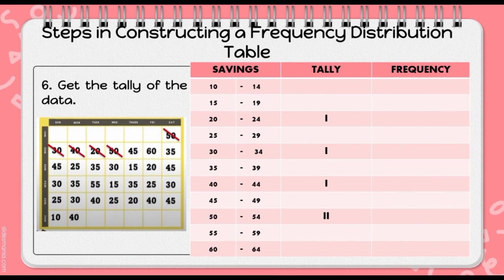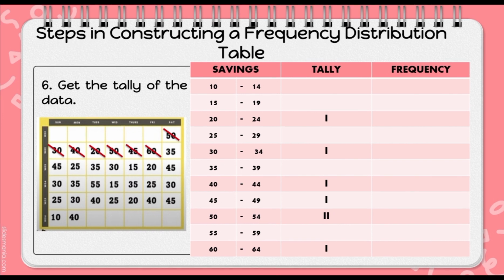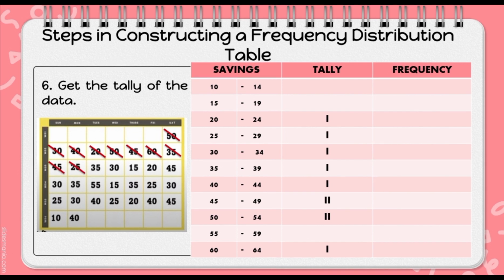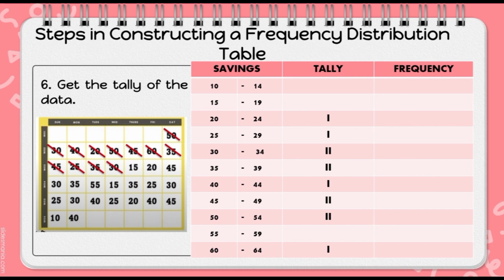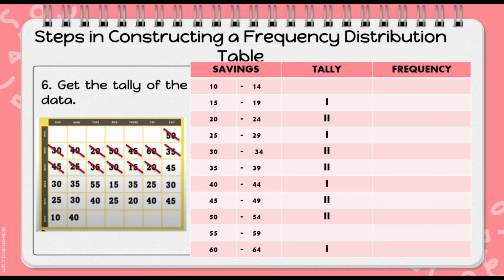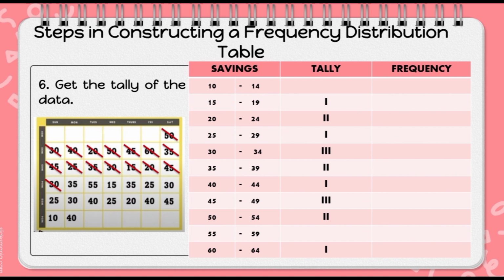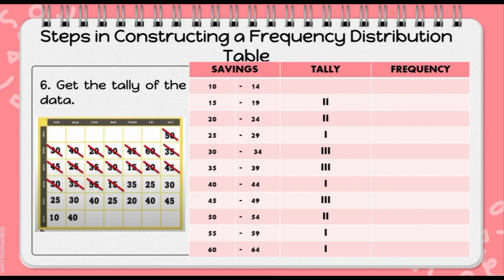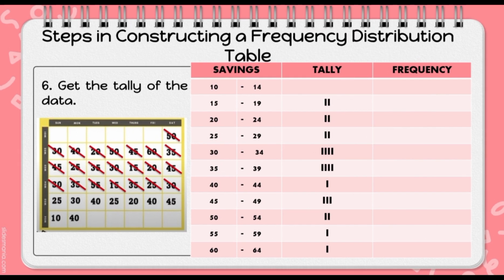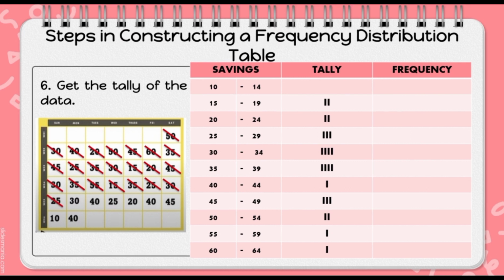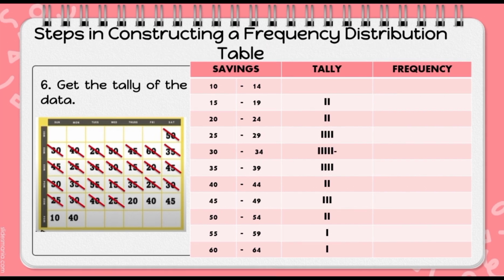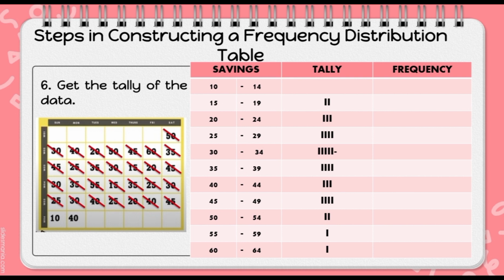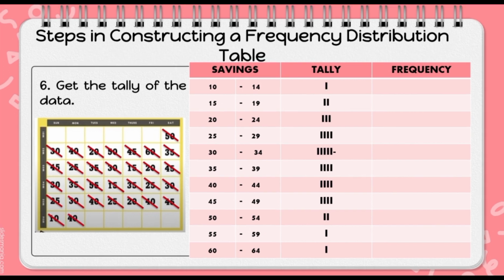Then the rest of the data: 50, 45, 60, 35, 45, 25, 35, 30, 15, 20, 45, 30, 35, 55, 15, 35, 25, 30, 25, 30, 40, 25, 20, 40, 45, 10, and 40.